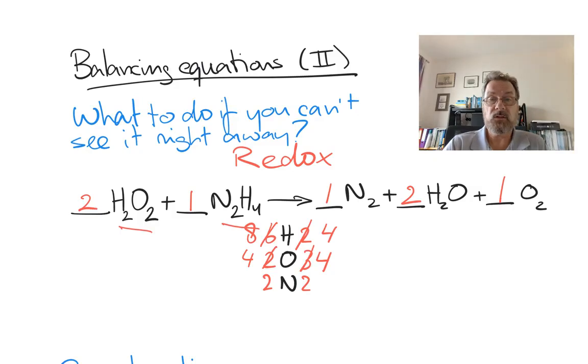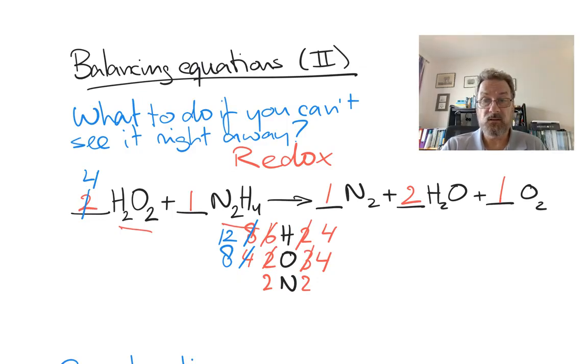Okay, so as I said, we need an even number of H2O2, so let's shuffle that to 4 and see what that changes. So if we make that a 4, I end up with 4 times 2 is 8 plus 4 is 12 hydrogens on the left. I end up with 8 oxygens on the left, all right, and still 2 nitrogens.